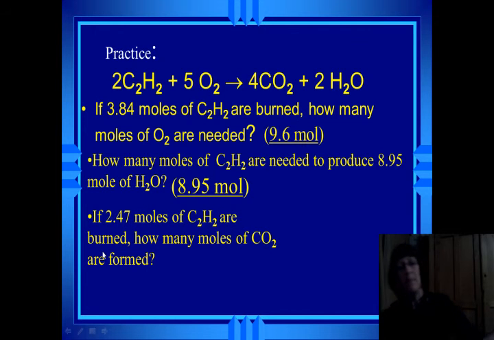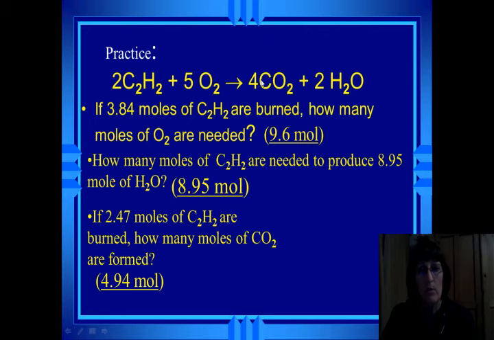Okay, next one. If 2.47 moles of C2H2 are burned, how many moles of carbon dioxide are formed? Go back up here, and since we can only do this when we go mole to mole, it's actually a little bit easier than anything else. You notice we have the C2H2 right here, and we're going from the C2H2 to the carbon dioxide. Look at the mole ratio.